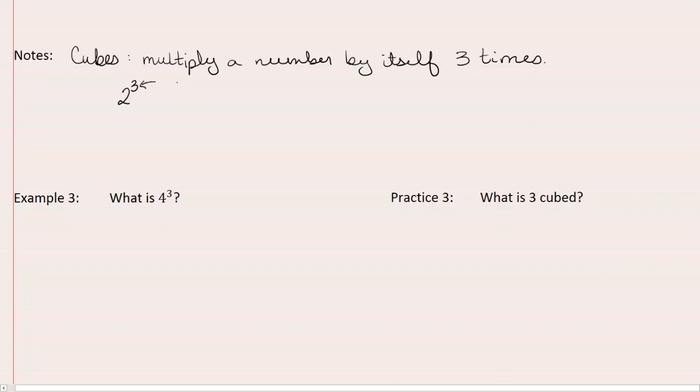Remember that little 3 up there tells me how many times I need to multiply that base number 2 by itself. So 2 cubed means I need 3 2s, so 2 times 2 times 2. 2 times 2 is 4, and 4 times 2 is 8. So 2 cubed is 8. So 8 is called a cubed number.